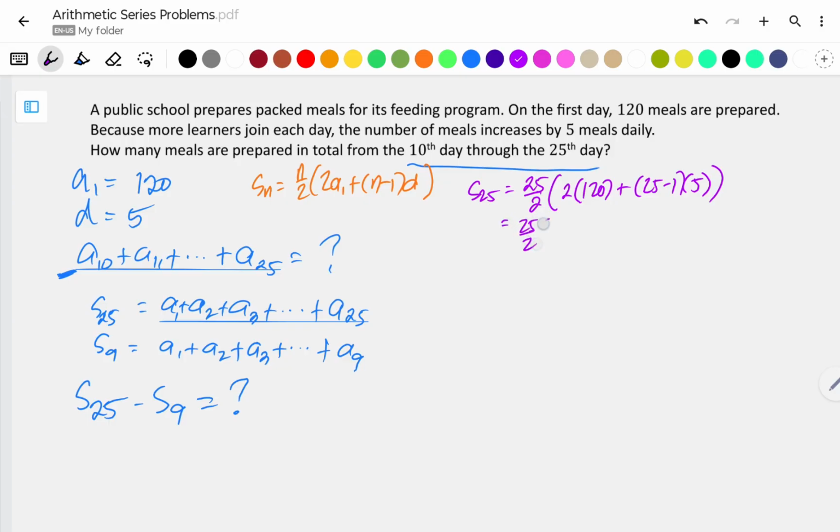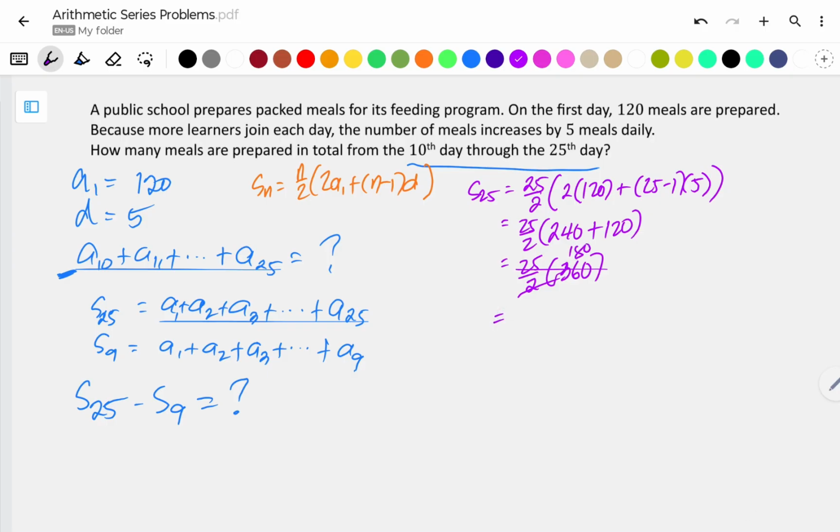So 25 over 2 times 240, then 24 times 5 is 120. So this is 25 over 2 times 360. We can cancel the 2 with 360 and have 180.